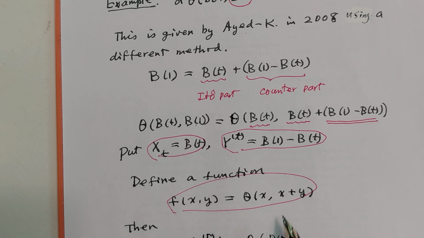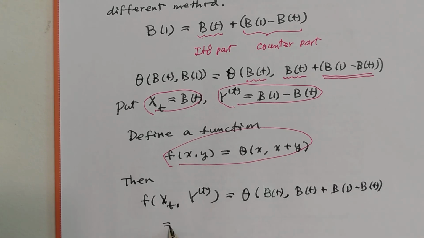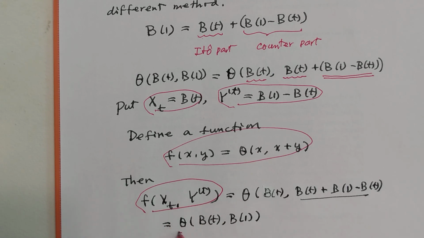And then x sub t plus y sub t is B_t plus B_1 minus B_t, which is theta of B_t, and then this is B_1. And so this is f of x, y equal to that.